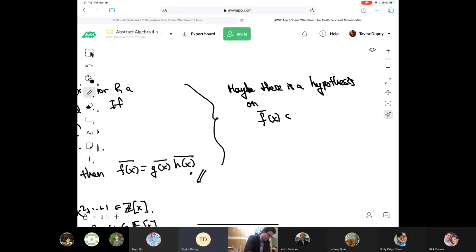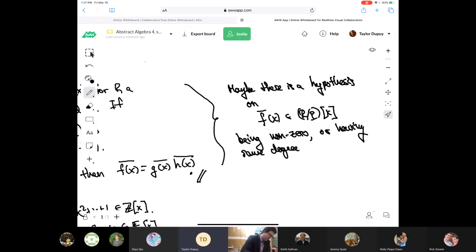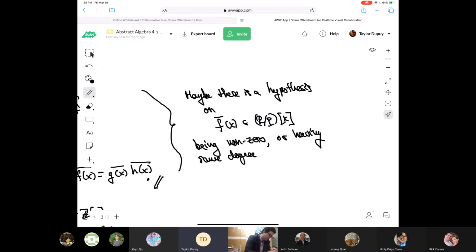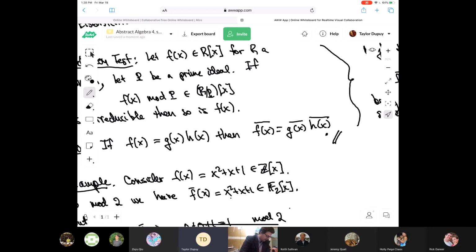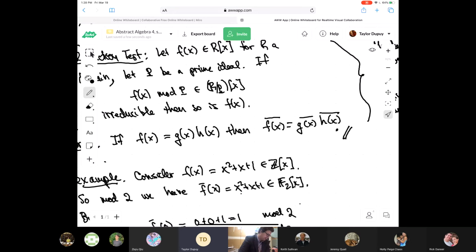Bar of x in R of x or R_p of x being non-zero or having the same degree. I don't exactly remember, but it seems like this proof just works, right?